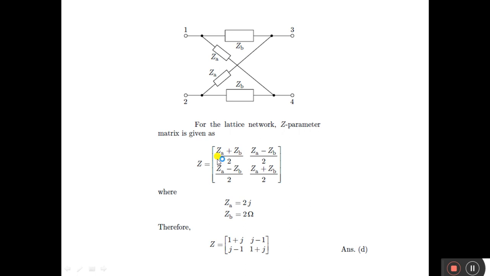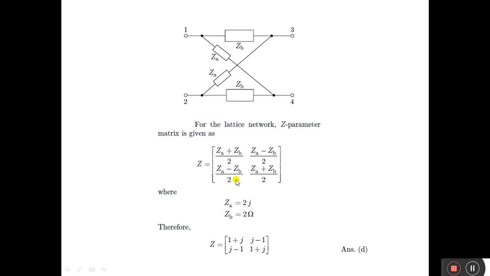Accordingly, the general formula: Z11 is ZA plus ZB by 2 and the other corner value Z22 is also ZA plus ZB by 2, and Z12 is ZA minus ZB by 2 and Z21 is ZA minus ZB by 2.